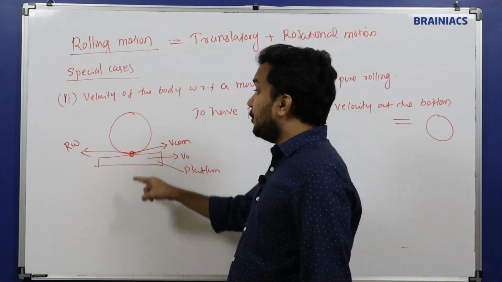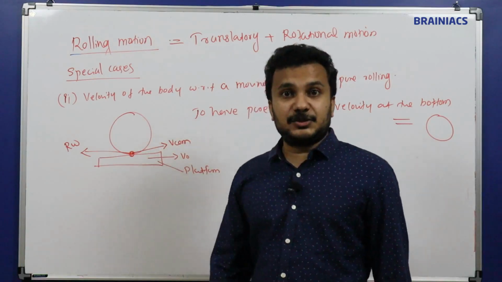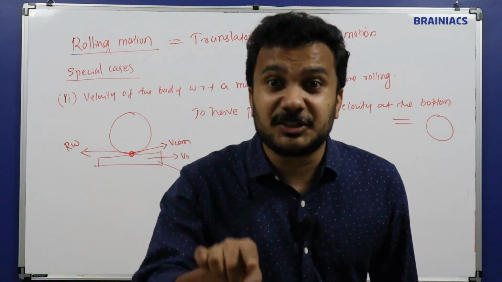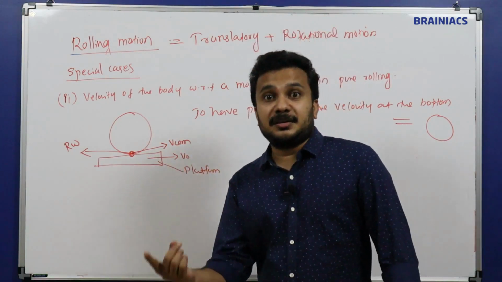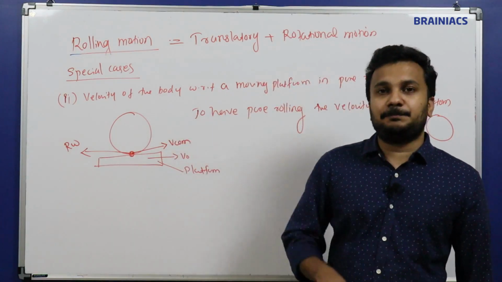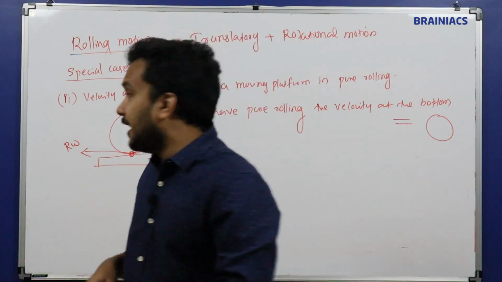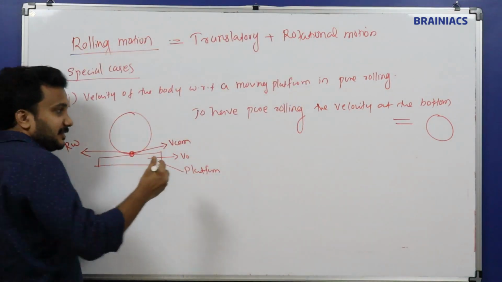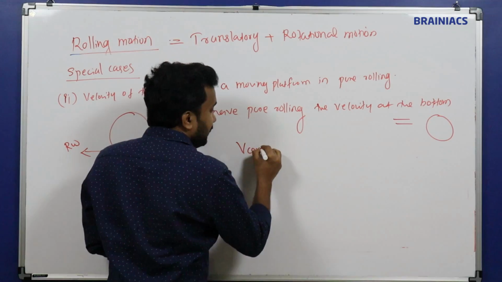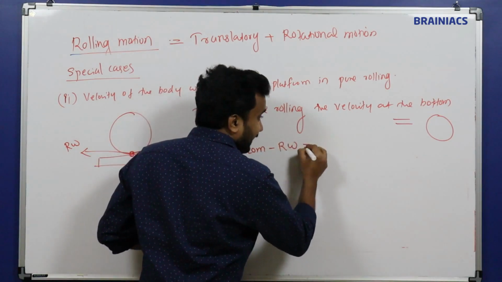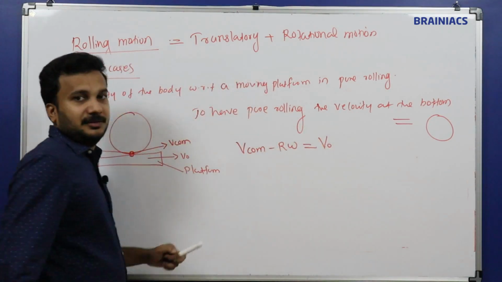Now I need to have 0 velocity at this point, but it is not with respect to ground, it is with respect to a platform. So that is a relative velocity. The two velocities would cancel. To cancel that velocity, we should have vcom minus r omega definitely equal to v naught.